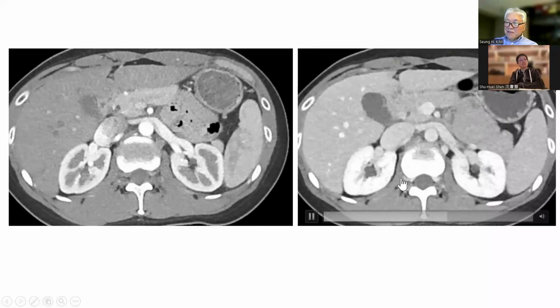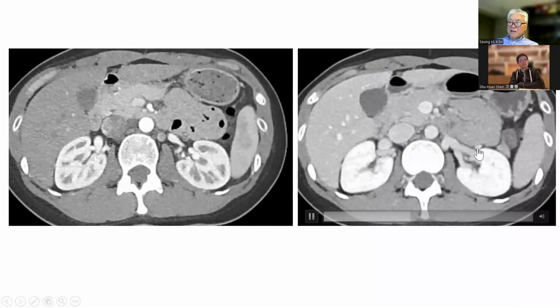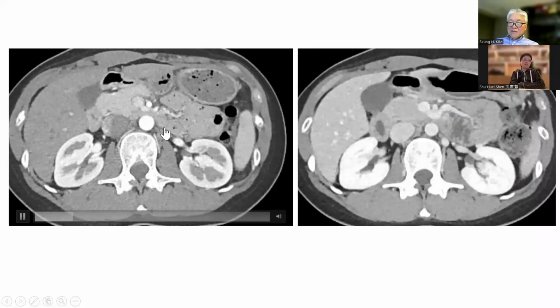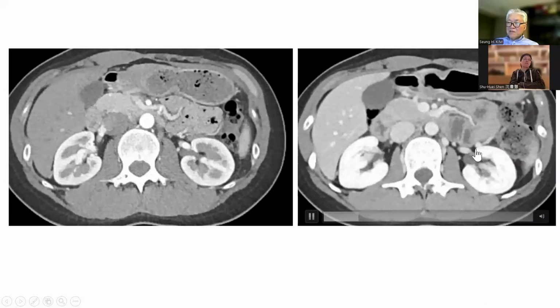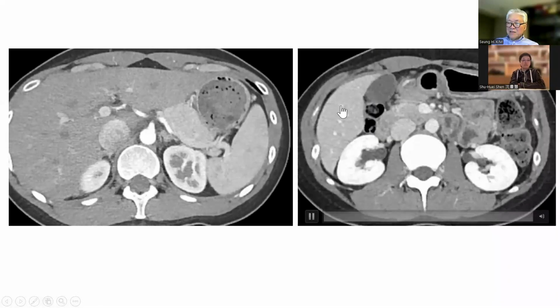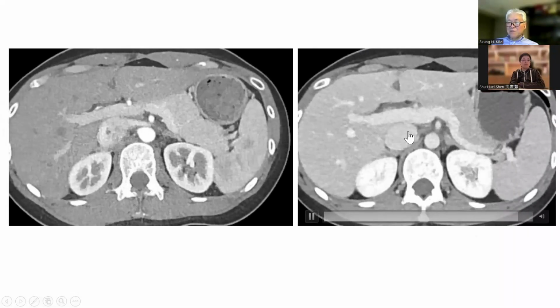But in the routine nephrographic phase or delayed phase CT scan, we do not see that movement clearly, but faintly we can suspect the left renal vein flow movement in these non-optimal CT scans also.